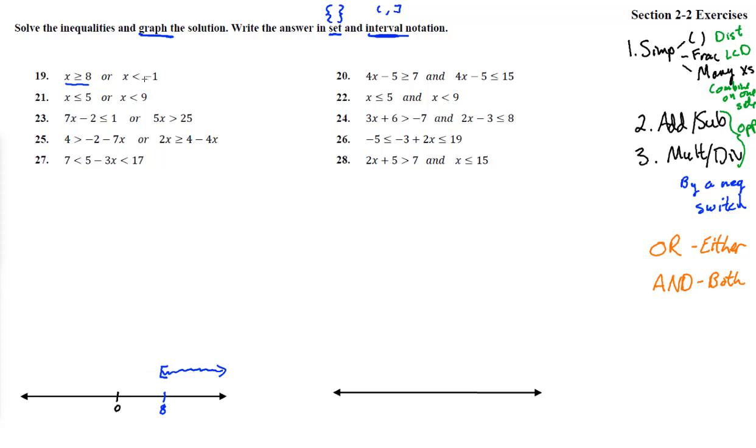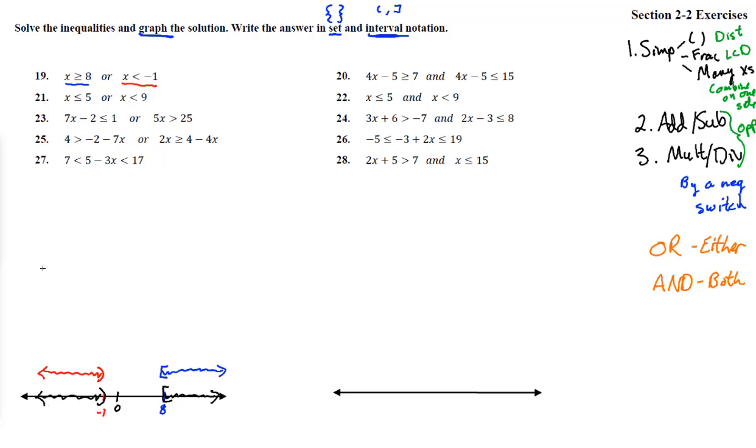And then on the other one, x less than -1. So -1's right here, and it's going to be an open parenthesis going down this way. So the or statement is the answer could either be here or here, which means we just put them in like they are. So there we go.